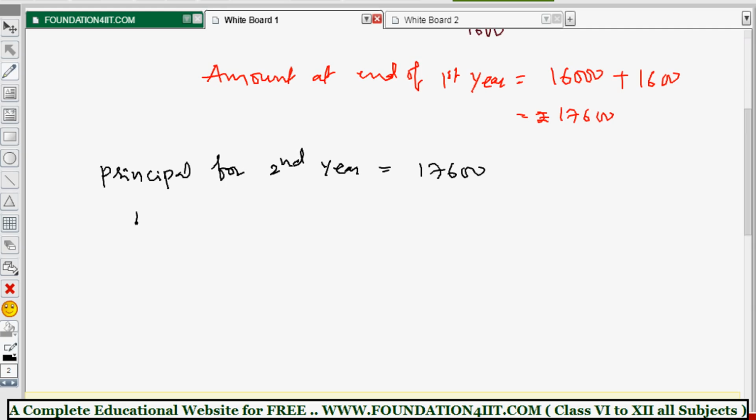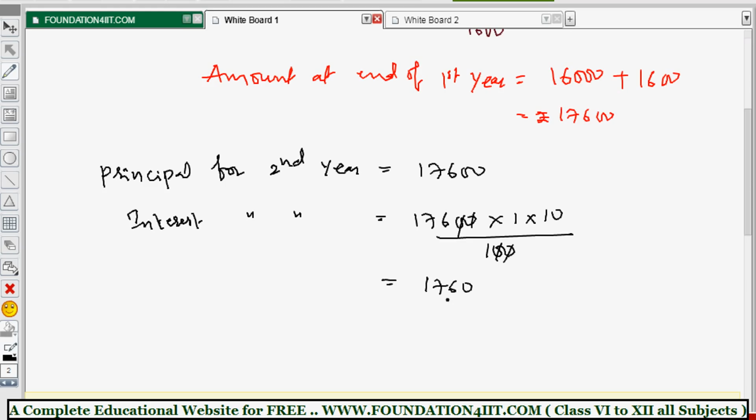Then interest for second year is 17,600 into time 1 year. Rate of interest is 10% given in the problem, by 100. Just cancel this. 176 into 10 is 1760, right?